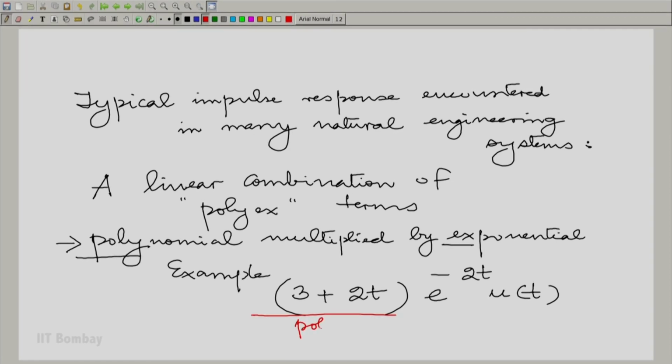So, this is the poly part and this is the X part, the exponential part, and this is what is called the exponential parameter. So, it is these kinds of impulse responses that we often encounter. So, can we make our job of inversion easier? We shall see in the next session. Thank you.